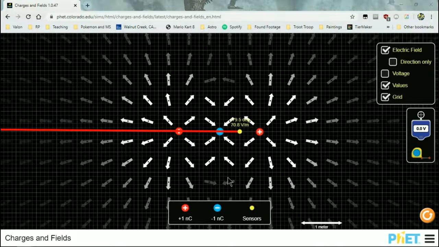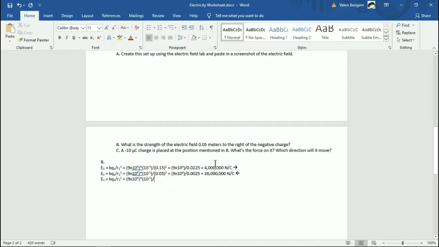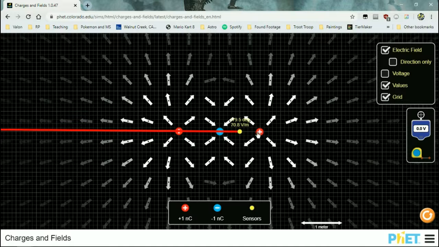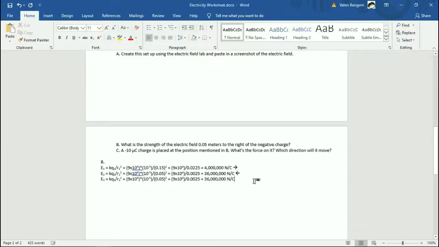Yeah, 0.03, same distance. Did I say 0.03? Why did I say that? 0.05. There's no 3 anywhere in here. Okay, so this is actually the same exact math as the previous one. Okay, and the direction is, well, again, all the field is coming out of the positive charge, so it's going to be to the left.